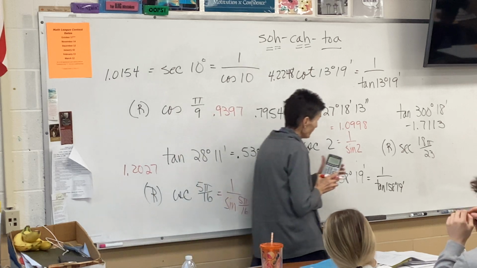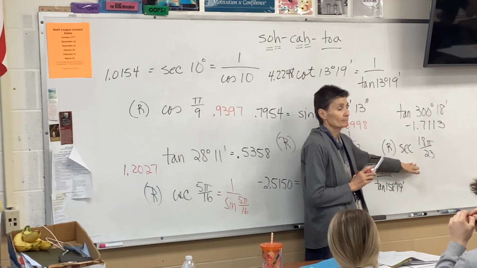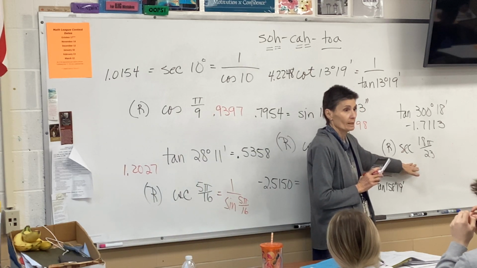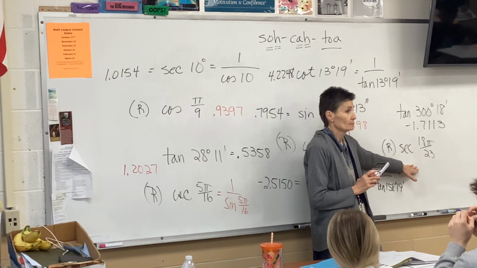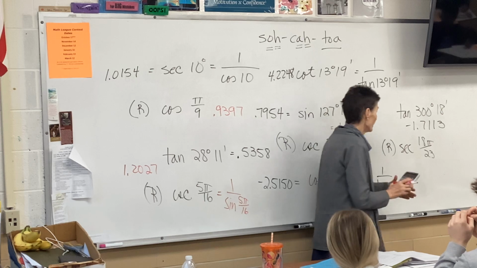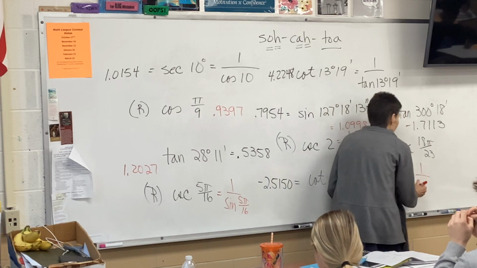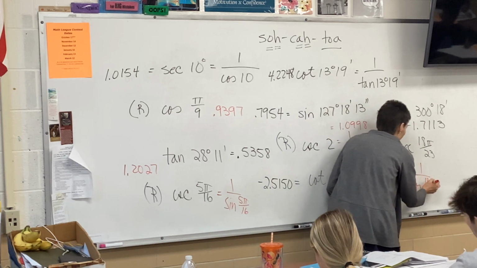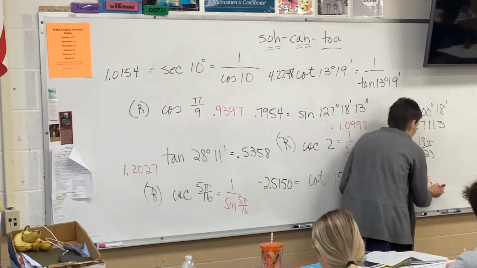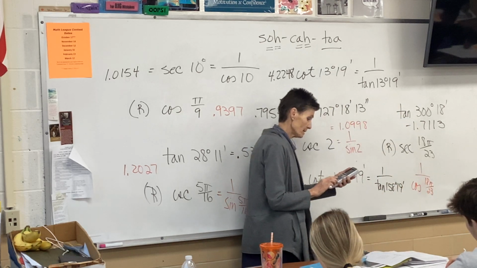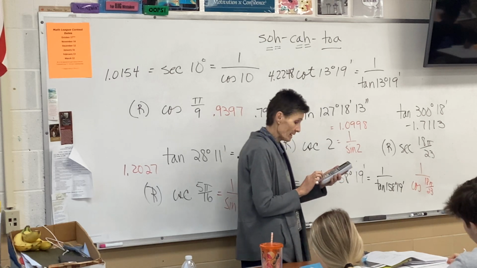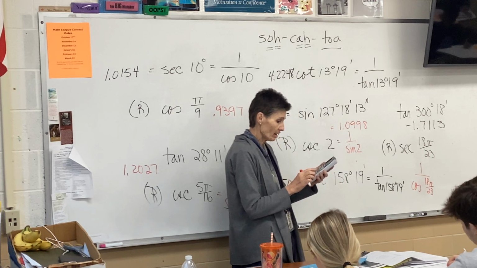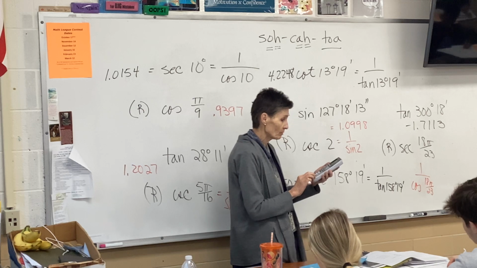And last one. How am I typing it in? 1 over cosine 18 pi over 23. So 1 divided by cosine 18 second pi divided by 23.